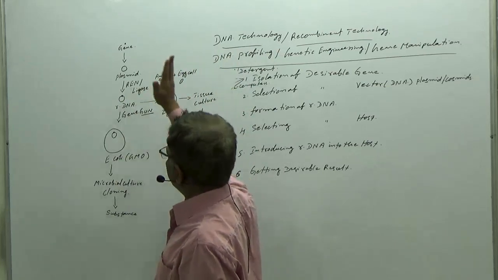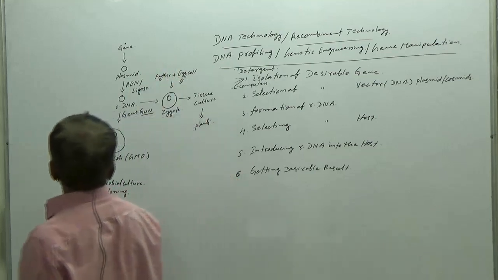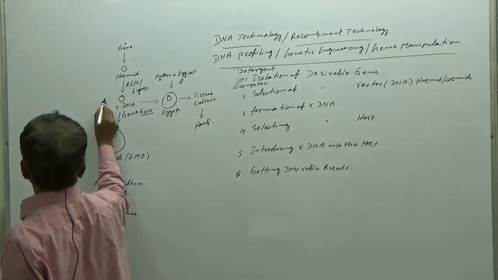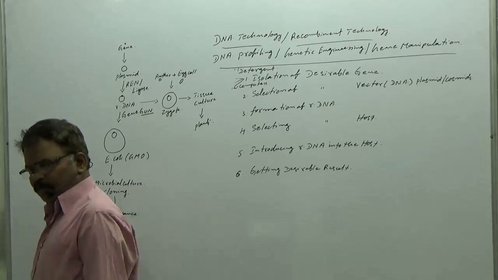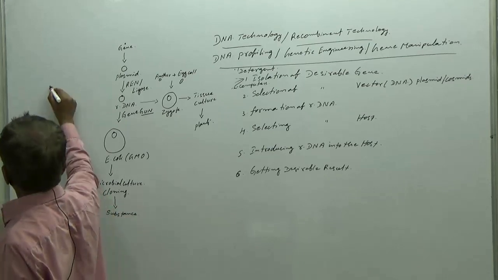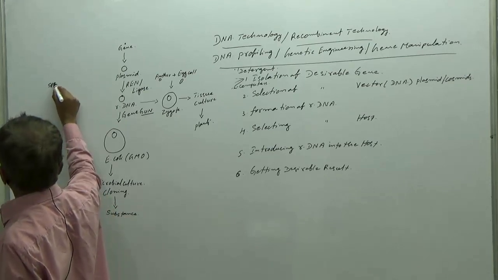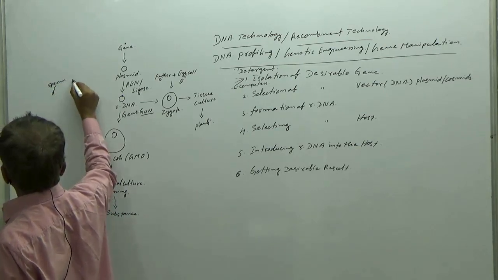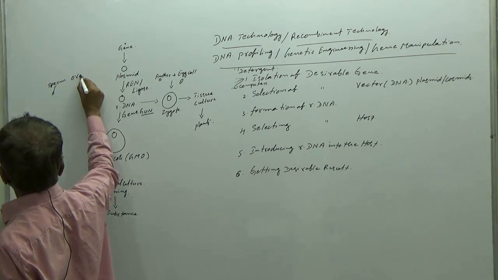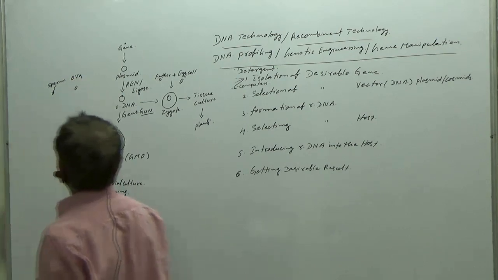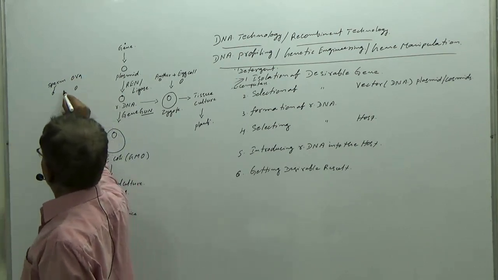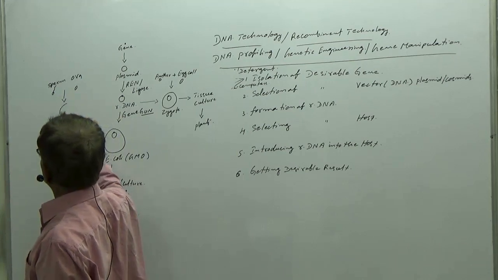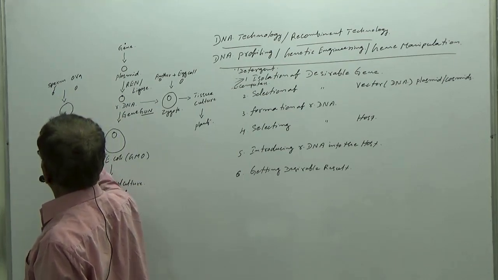This is for microorganisms. Now we want to produce a genetically modified animal. Then they collect one sperm and one ovum. Then artificial fertilization leads to formation of a zygote again.